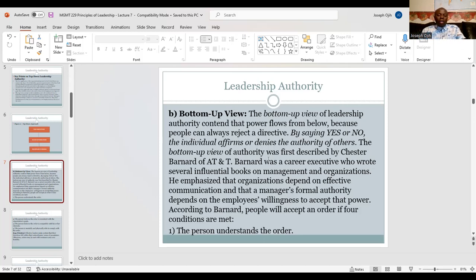So in Mr. Barnard's view, people can accept an order if four conditions are met. The first condition is that the person understands what the order is. Let's say that the management says, okay, we have a salary freeze. That means there won't be an increase in salary for the next 5 years, for example.